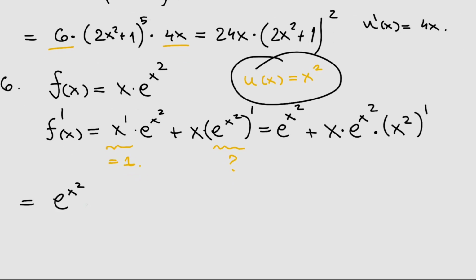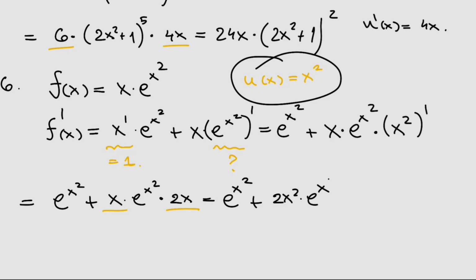So we get e to the x squared plus x times e to the x squared times 2x, and thus giving us e to the x squared. We can group the x and the 2x and get 2x squared times e to the x squared. And to make it look nicer, we can factor out an e to the x squared, and this multiplies 1 plus 2x squared, and this is the final result.